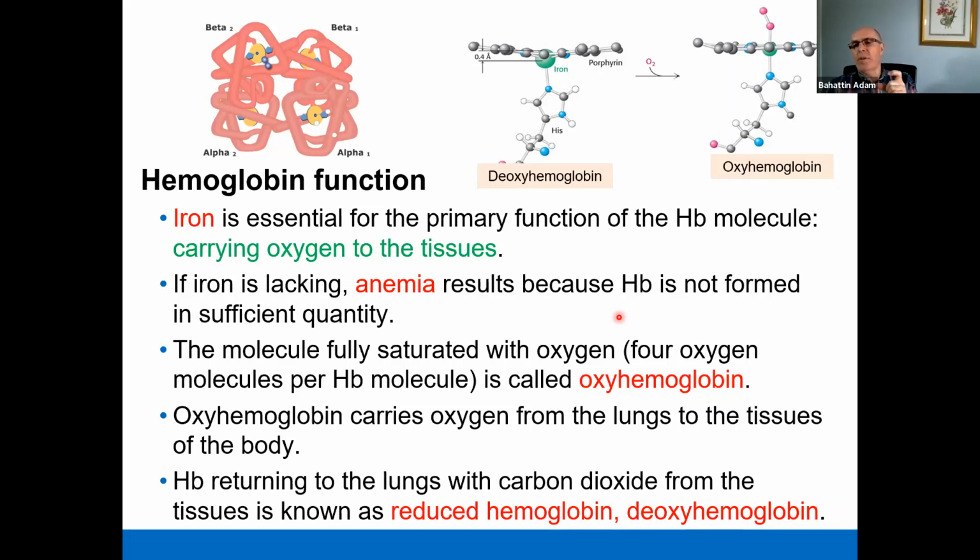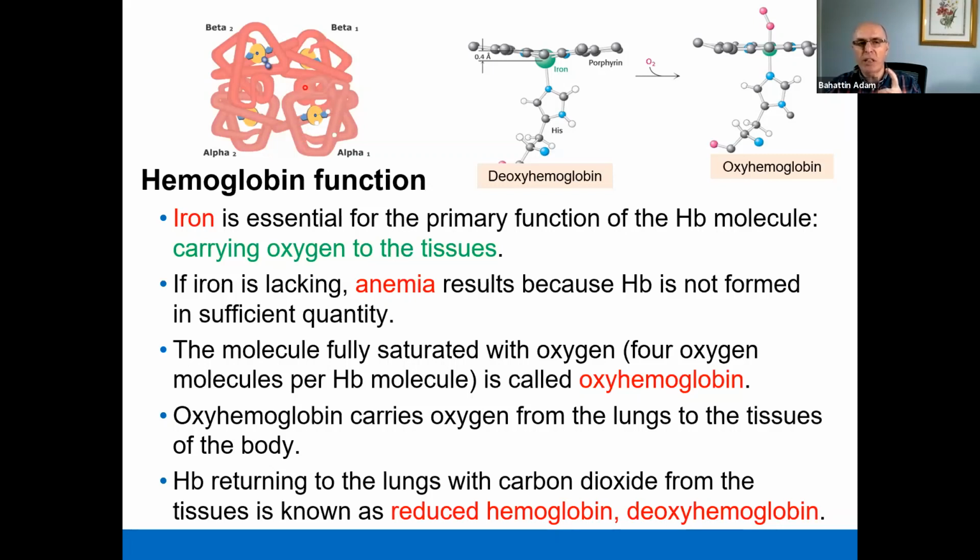For each molecule of the heme, we have one atom of the iron. Molecule fully saturated with oxygen. As you see, each hemoglobin is able to bind 4 molecules of oxygen.